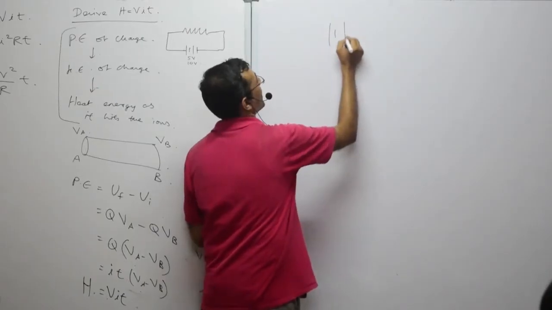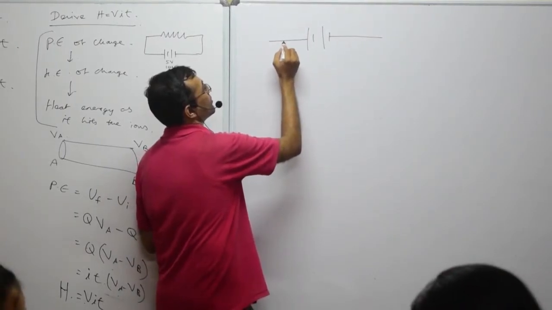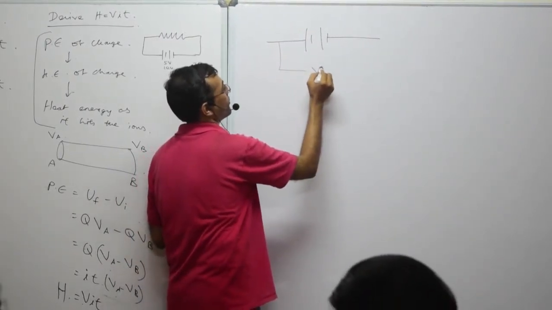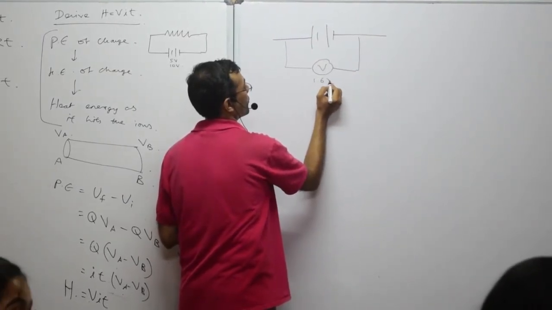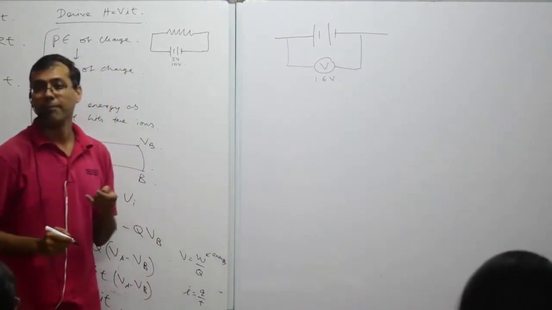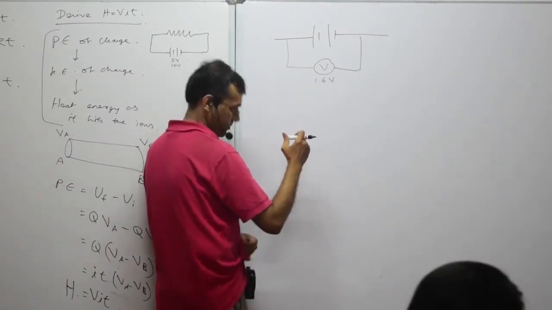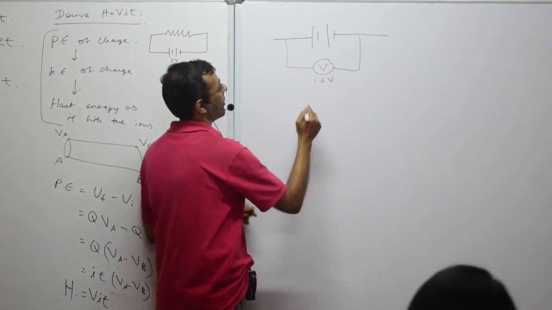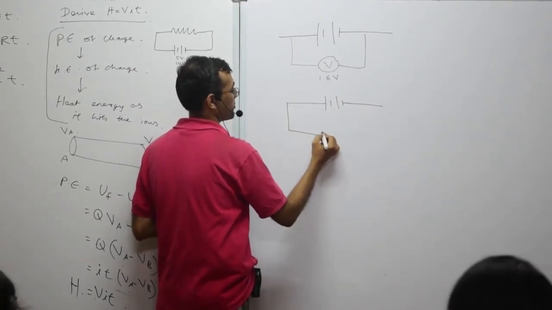So suppose if I have a battery, right? If I check the voltage across this, it's showing me 1.6 volt. Now I'm actually connecting it in a circuit.